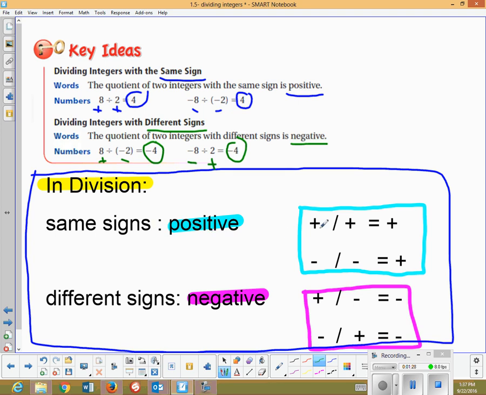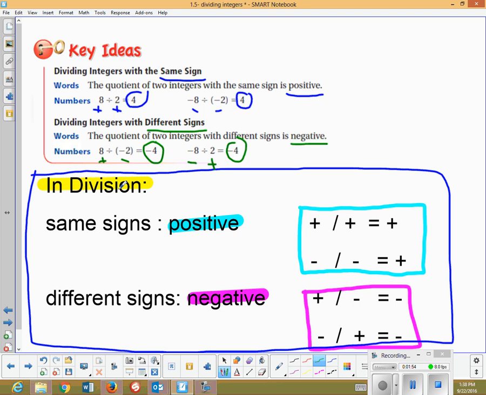A positive divided by a positive, you get a positive answer. A negative divided by a negative, you get a positive answer. Same signs in division gives you a positive answer, just like multiplication. For different signs, you will get a negative answer. So if you have a positive divided by a negative, or a negative divided by a positive, notice the answers are negative. Again, multiplication and division have the same rules.